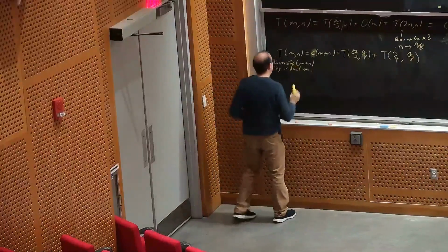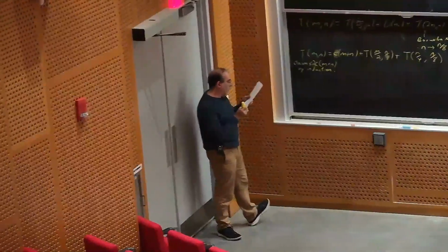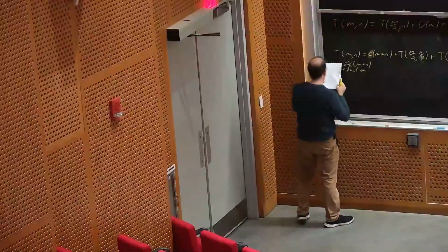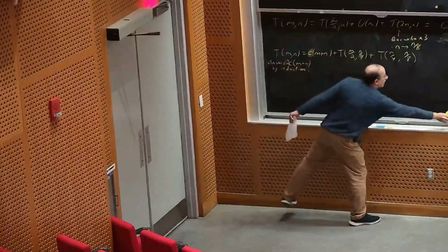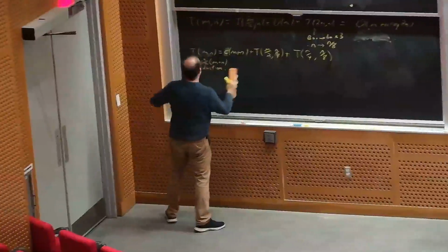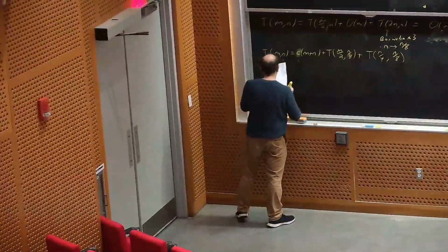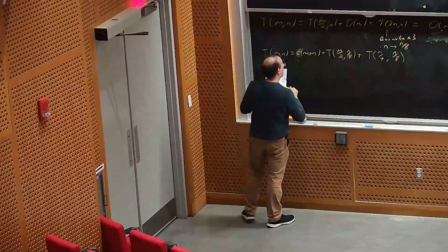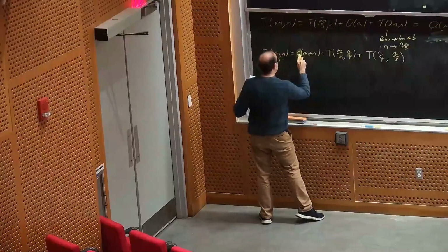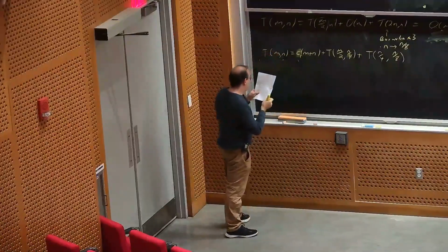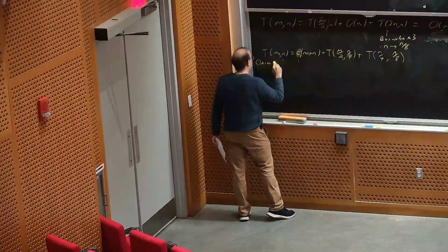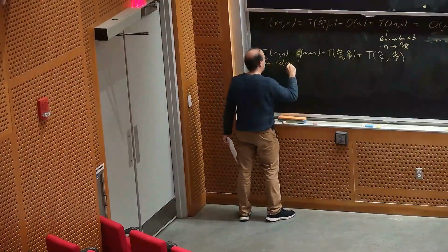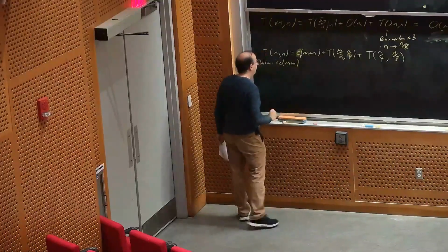So I claim that overall the, no, wait, sorry, I'm getting ahead of myself. That's what happens when I get too excited. Yeah, let's call this C1 times m plus n. And now I'm going to claim that this whole recurrence is at most c times m plus n.